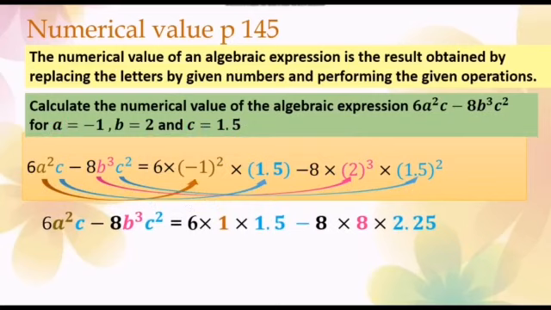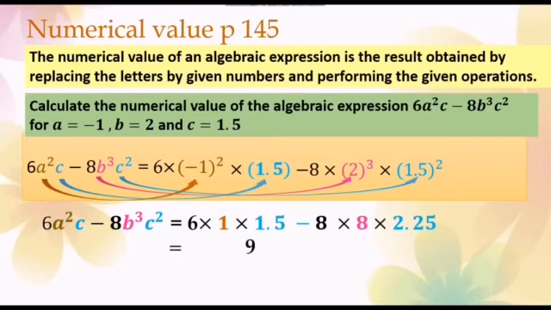So the answer will be 6 times 1, because minus 1 squared is 1, times 1.5, minus 8 times 8, because 2 to the power of 3 is equal to 8, times 2.25, because 1.5 squared is equal to 2.25.